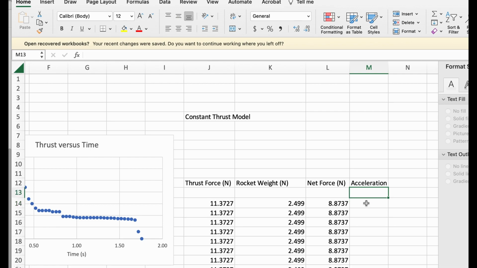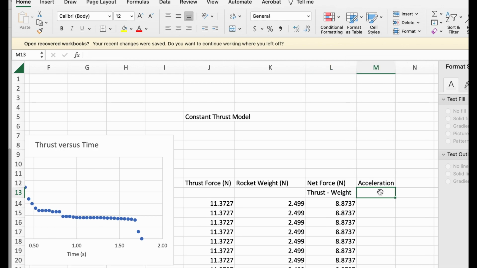So for this, we can write in what the formulas are if we want. This is thrust minus weight. That's how we calculate the net force. For the acceleration, we just want a equals F net divided by the mass. That's going to be the formula we'll use.